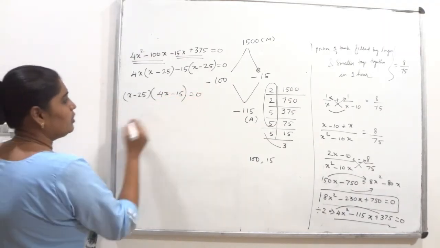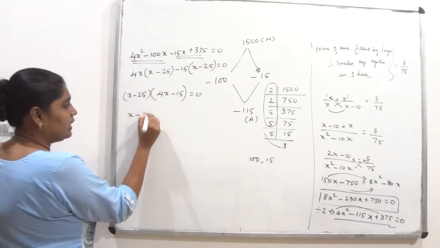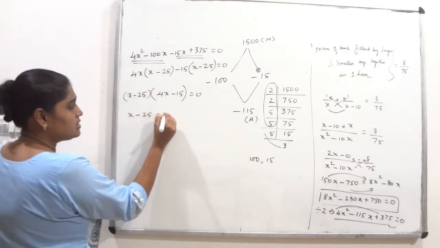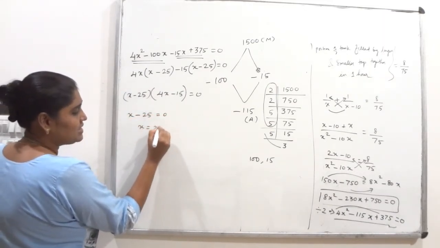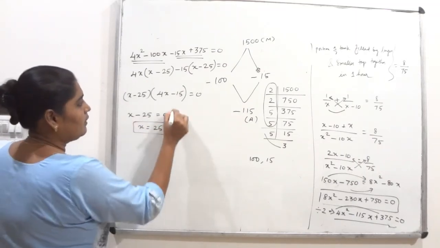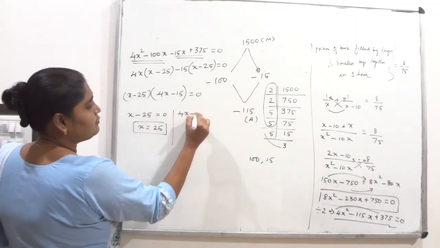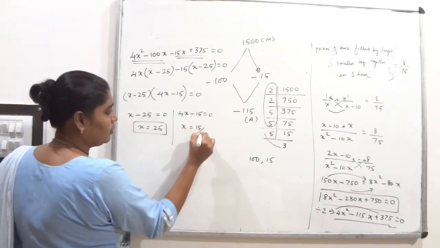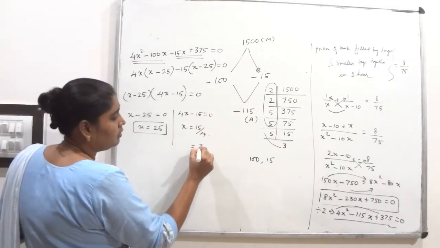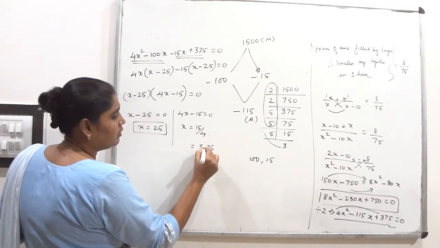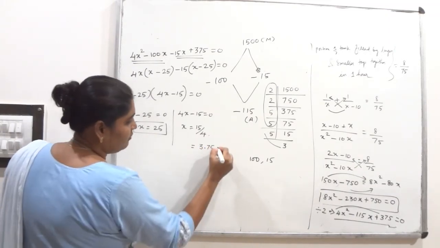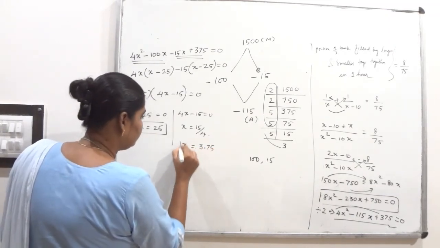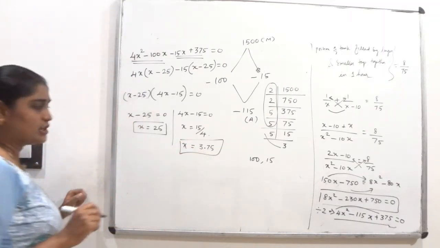Each factor I am going to equate with 0 so that I will get the x value. x minus 25 is equal to 0, x is equal to plus 25. 4x minus 15 is equal to 0, so the x value is 15 upon 4, 3.75. Okay, I got two x values.